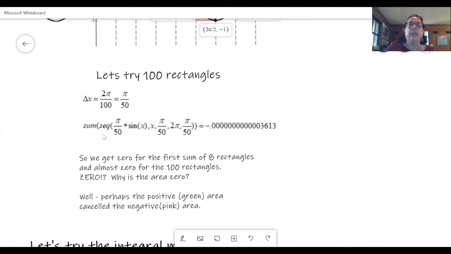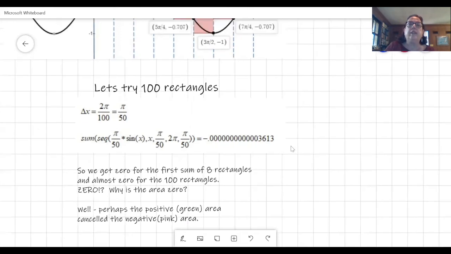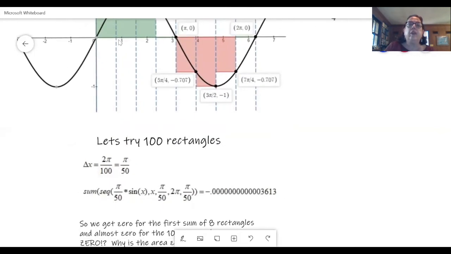So the sum of the sequence of the rectangles, pi over 50 is the base, sine of x is the height, x is the variable. These are right-sided rectangles, so pi over 50 will be the first x value plugged in to get the height, and 2 pi will be the last. Pi over 50 is delta x, and when you do this, you don't get 0 anymore.